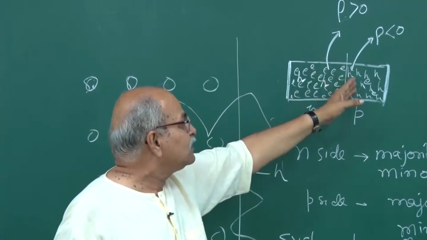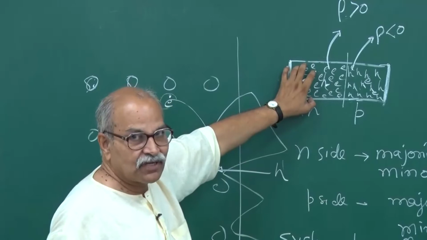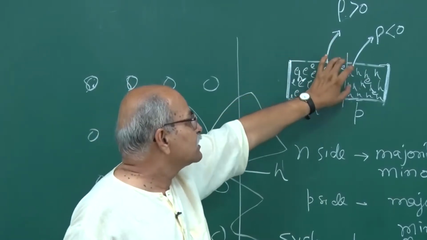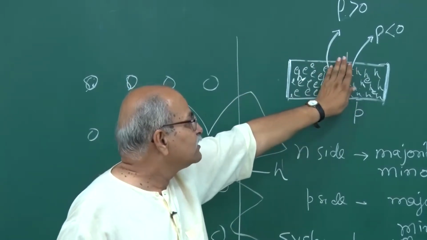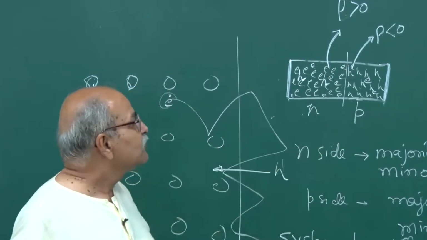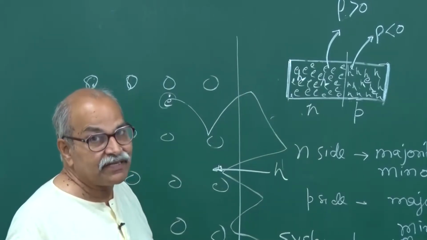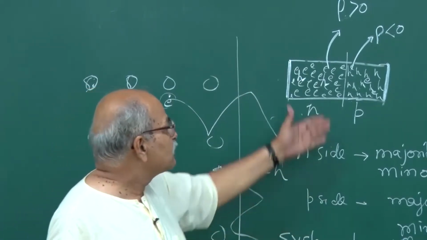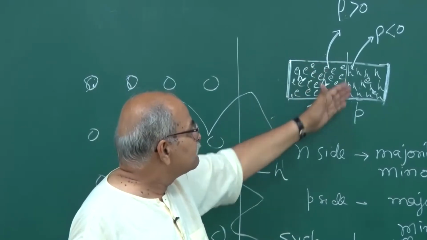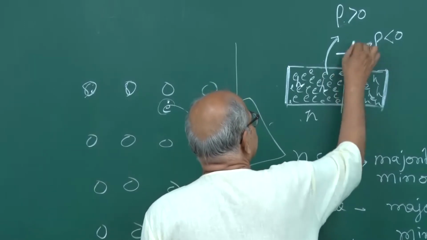Close to the junction this will happen, and away from the junction the situation is still neutral. So, this charge density appears only in a small portion close to the junction. Why? That is because once the charge densities are there, you will also have an electric field. If the positive charge density is here and negative charge density is here, you will have an electric field like this.